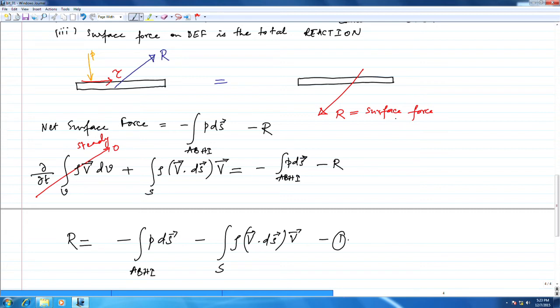Now, when we take the component of this surface force in the x direction, we have drawn this as my x and this as my y, as an axis system. When I take the component of this reaction along x, that should be what is going to cause my drag.